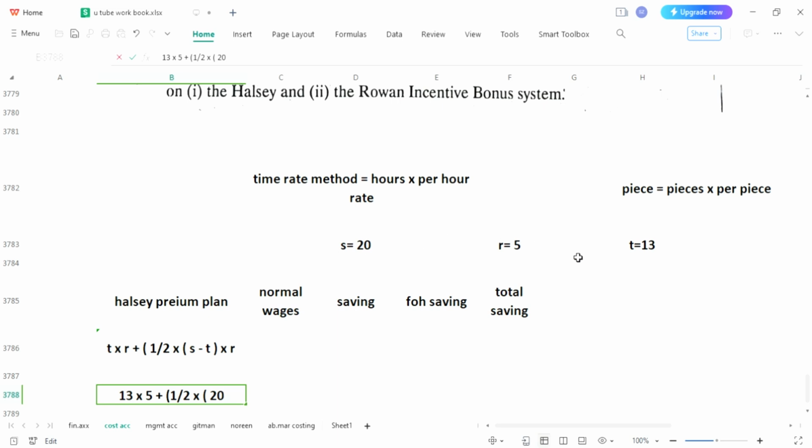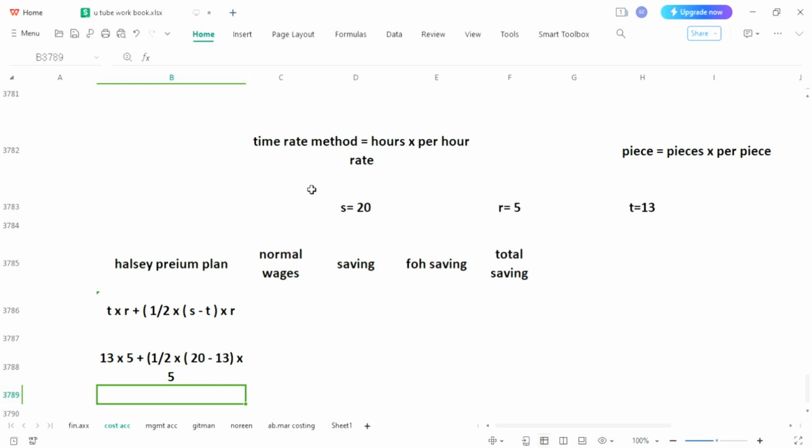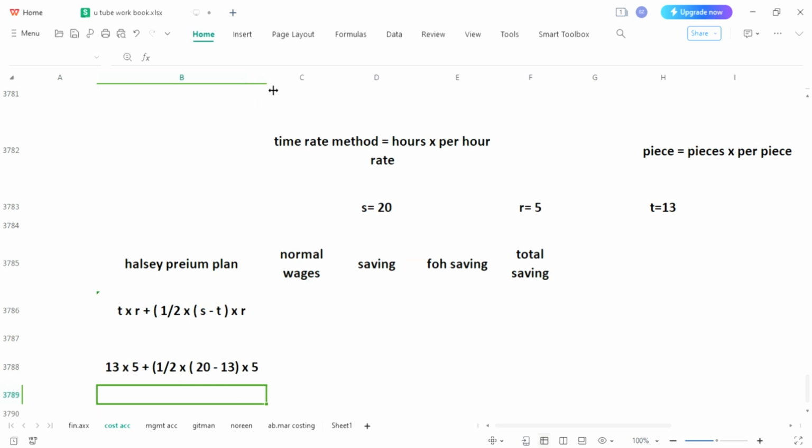It would be quite easy for you. Standard time is 20, then you need to subtract your time taken, which is 13. All right, and then you need to multiply it with R, rate is 5. So this is your statement. It has been completed.